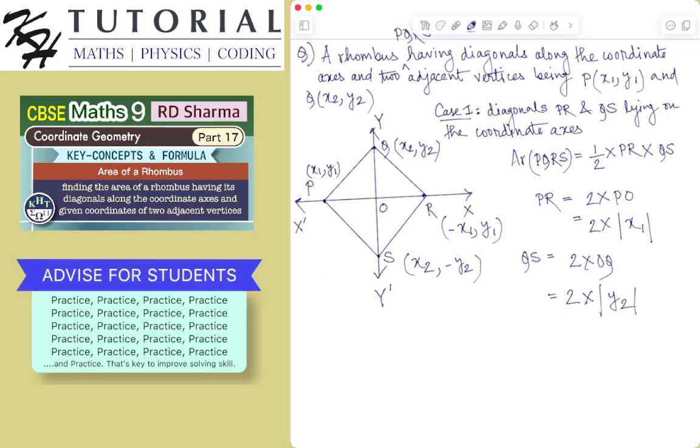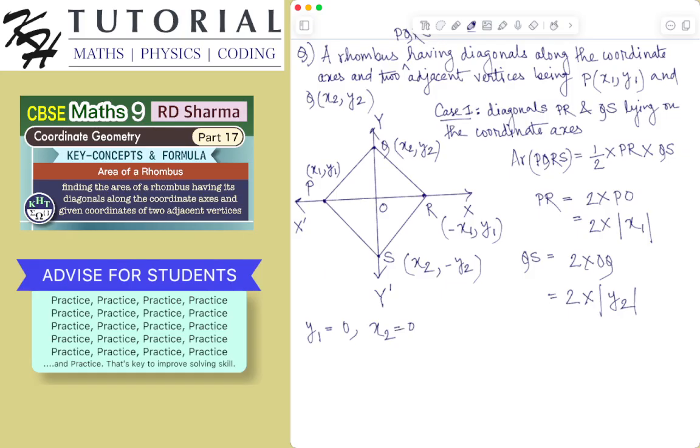Now remember that in case 1, I have considered the diagonals to be lying on the x-axis and the y-axis, specifically the diagonal PR lying on the x-axis and the diagonal QS lying on the y-axis. This will imply that we must have y1 equal to 0, and also x2 equal to 0.